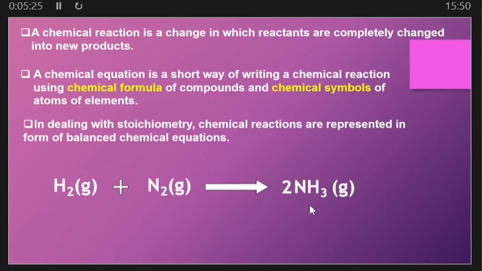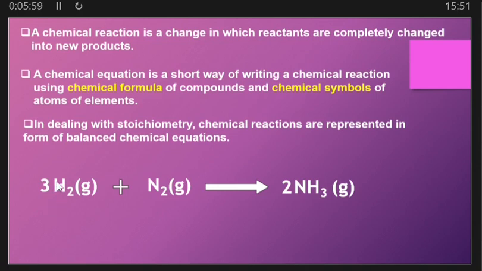So in this case, the number of atoms of hydrogen in this formula has been changed from 3 to 3 times 2, which is 6. So on the right side of the equal sign, we have 6 atoms of hydrogen, and on the left side we have 2. So to make also on the left side of the equation 6 atoms of hydrogen, we must put a 3 in front of hydrogen.